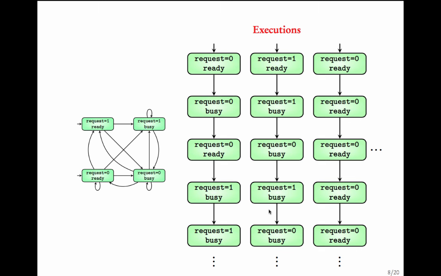The next execution starts from the initial state request equal to 1 ready, goes to request equal to 1 busy, goes to request equal to 0 busy, comes back to request equal to 1 busy, goes again to request equal to 0 busy, and so on. This execution starts from request equal to 0 ready and stays there forever.